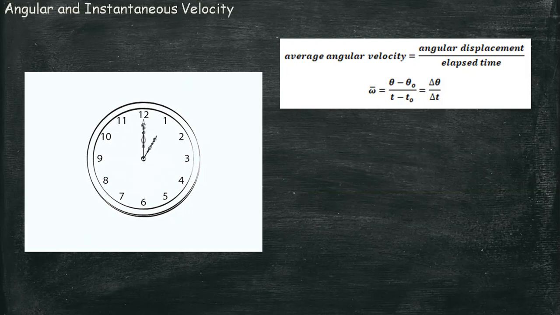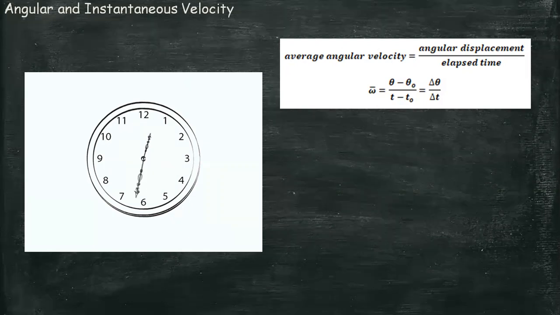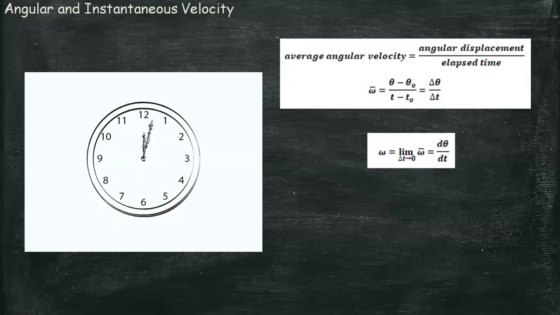How about instantaneous angular velocity? The instantaneous angular velocity, or omega, is the angular velocity that exists at any given instant.